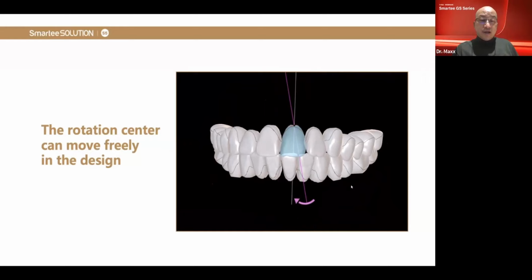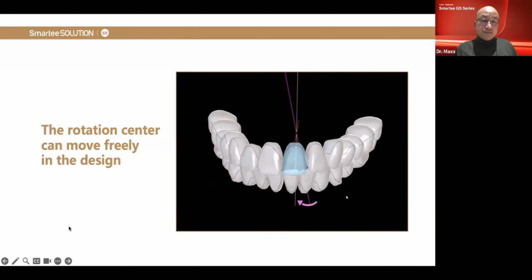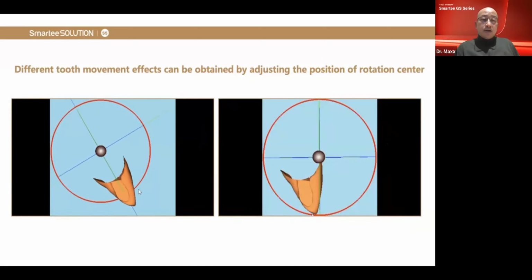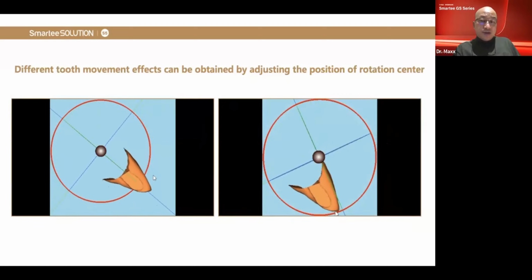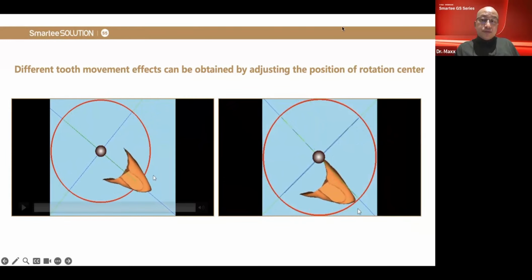It's quite easy to understand. Different tooth movement effects can be obtained by adjusting the position of the rotation center. So the two animations can tell you the difference.